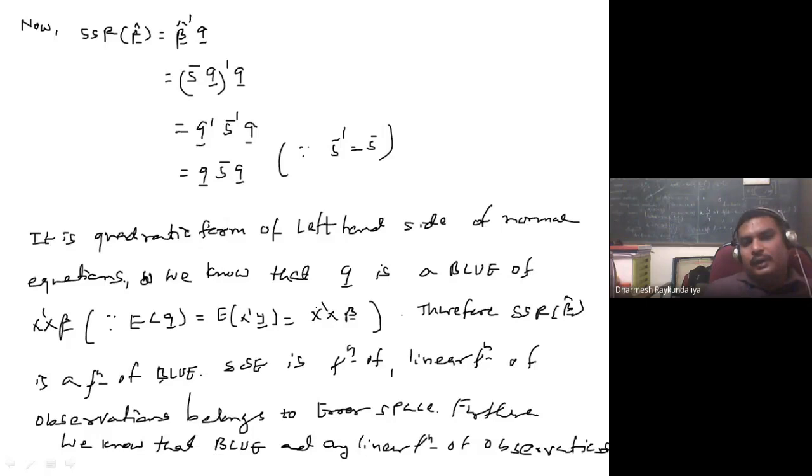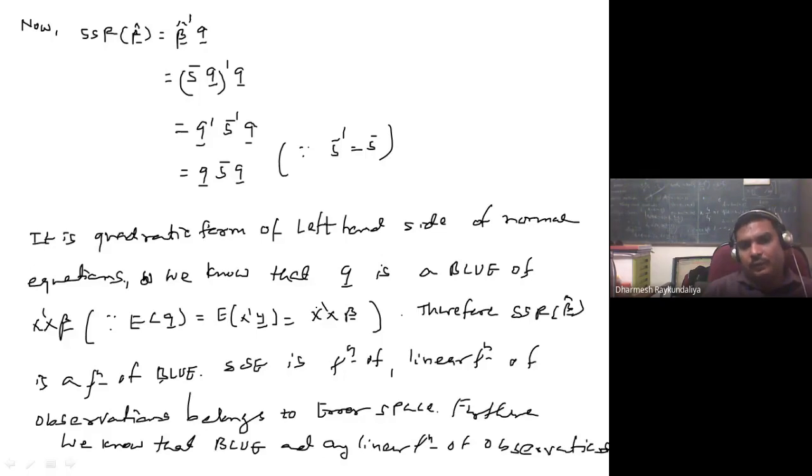We know that SSR(β cap) can be represented as a quadratic form of the left-hand side of the normal equation, and the left-hand side of the normal equation is the BLUE of the corresponding expected value. Therefore, by the Gauss-Markov theorem, SSR(β cap) is a function of a BLUE, and SSE is a function of a linear function of observations belonging to the error space.